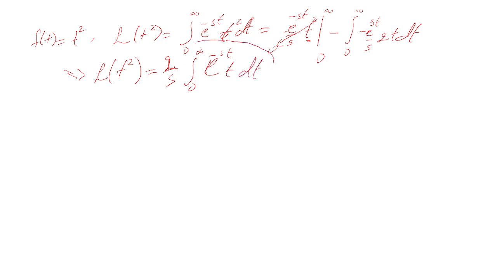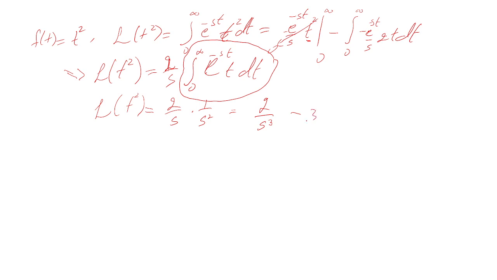But we know that this is the Laplace transform of t, whose value we know from the previous steps. This is 2 over s times the Laplace transform of t, which is 1 over s squared, and overall this is 2 by s cubed. So this is equation 3.